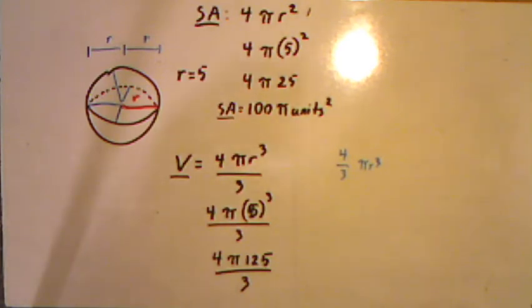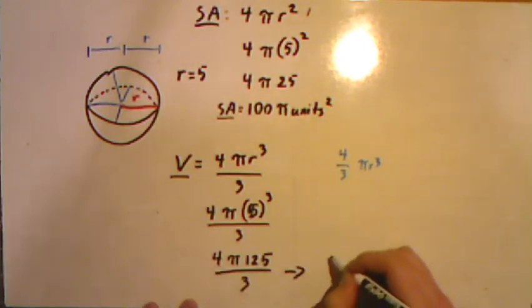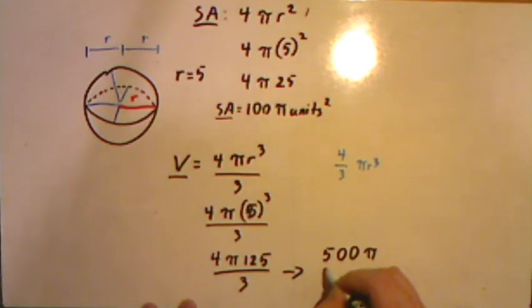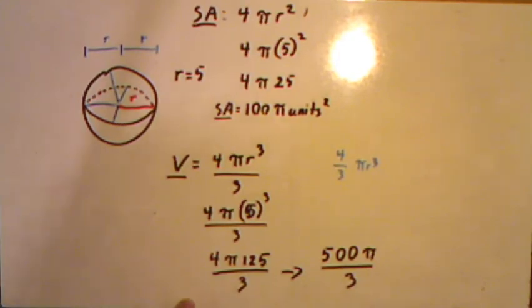Now from here, this is why I like to keep these a little bit separated, so that now we can actually take these numerators of 4 and 125 and multiply them together in order to get 500 pi, divided by 3. At this point, 500 divided by 3 is not easily divisible. 500 does not divide evenly into 3, and so we can leave this as such.